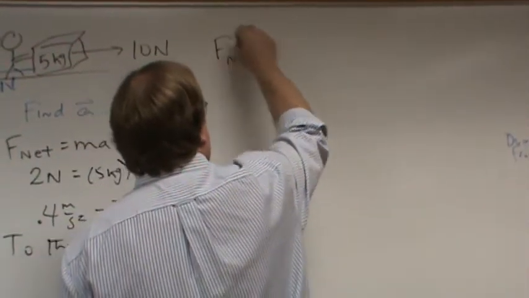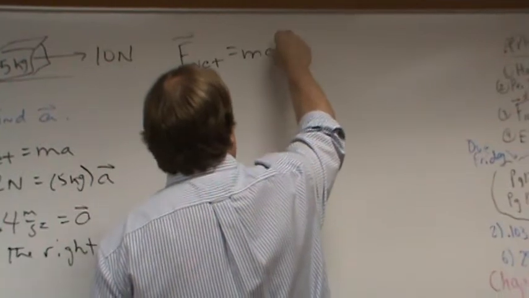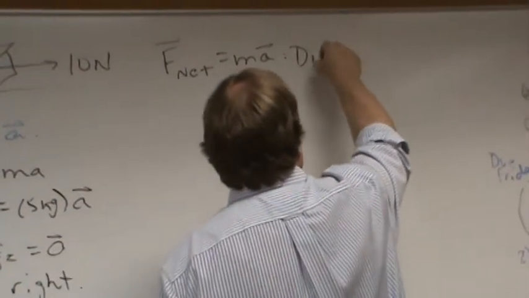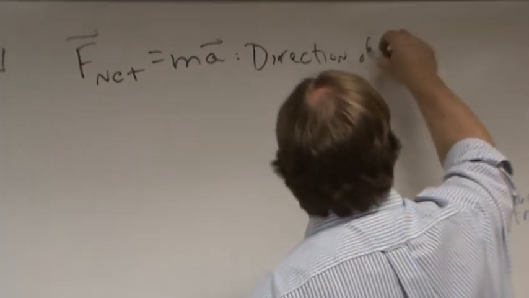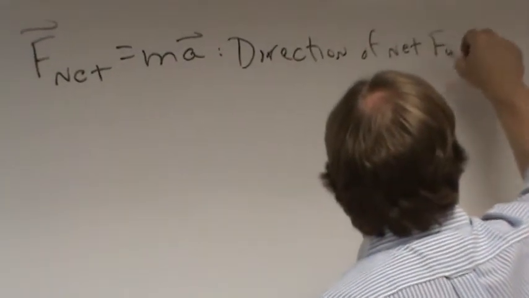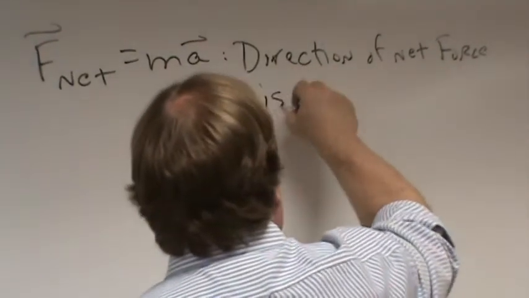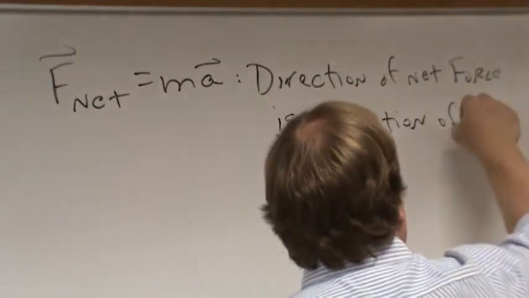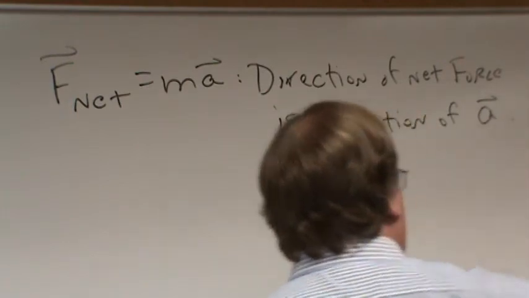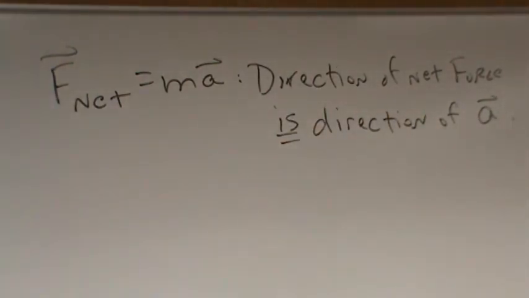Where when I say the net force equals ma, this means that the direction of net force is the direction of the acceleration. Okay? They're always in the same direction, always, always. If I want something to accelerate in that direction, I better exert a force on it in that direction.